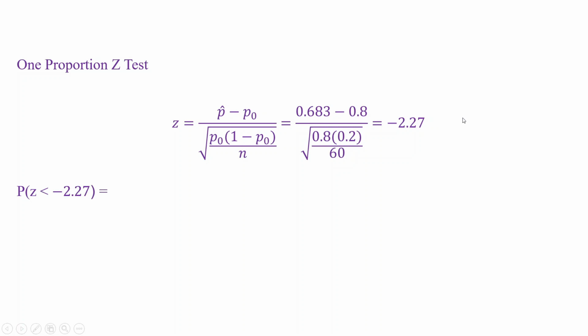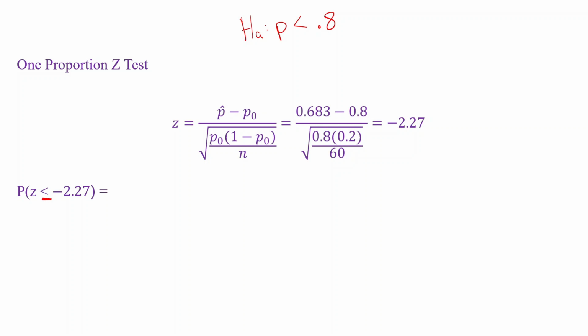Next up, we find the probability, right? Our alternative was less than. Our alternative hypothesis, if you look back at your paper, copying down the notes, our alternative was less than 0.8. So because of that, that's what our inequality is going to be when we find the probability that Z is less than negative 2.27.